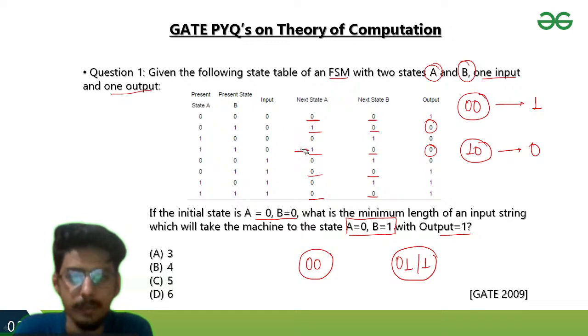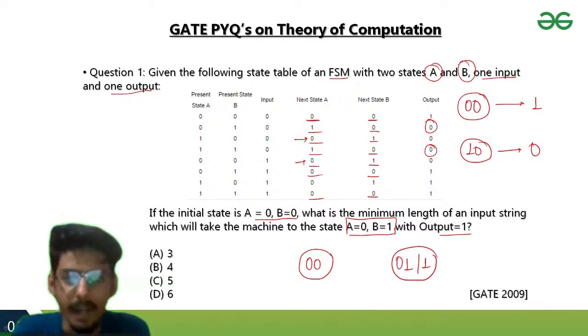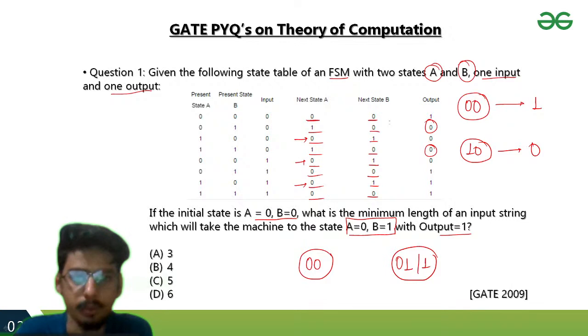Now which is the remaining state? It is 0 1, this one, and again a 0 1, this one, and also a 0 1, this one. So basically 0 1 is producing which outputs? It is producing 0, and then 0 1 is producing 0, and it is again producing 1.